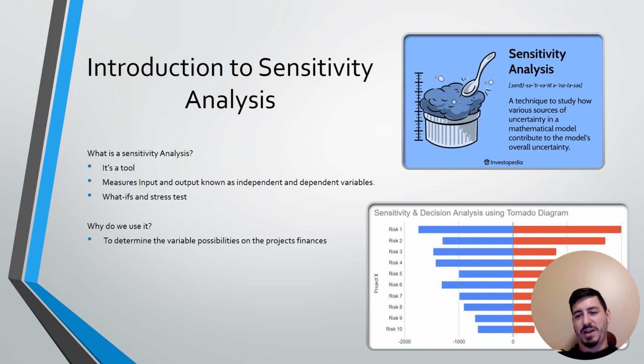Sensitivity analysis is a valuable tool for assessing the risk associated with capital budgeting decisions. This can also be done by using the tornado diagram you see at the bottom right, where you have the worst risk at the top to the least possible risk at the bottom.